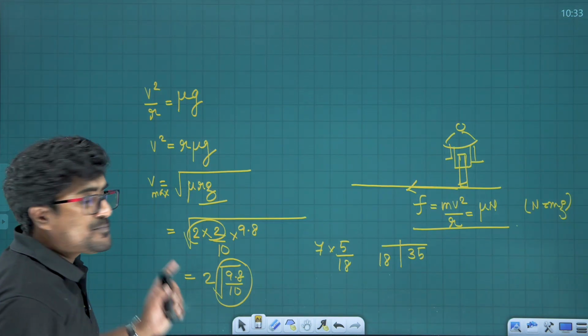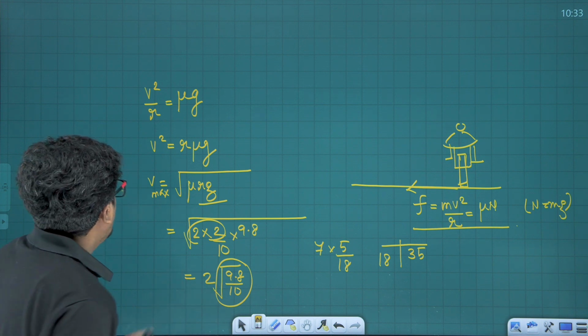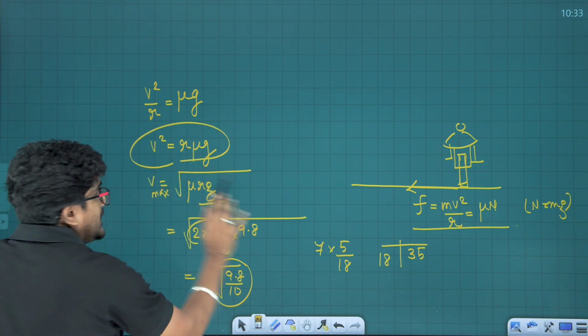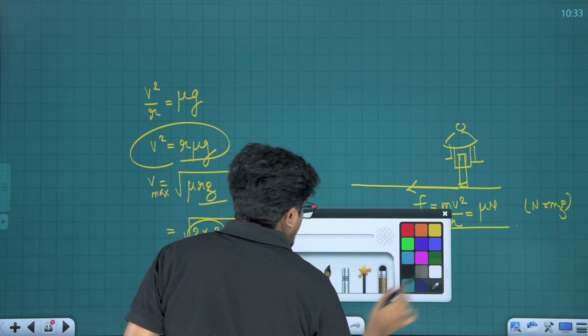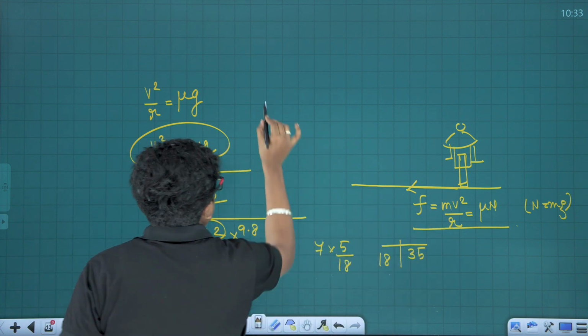You need to be specific here with what is going to be the maximum speed for horizontal road. So for the horizontal, let me clear the takeaway for these two cases.